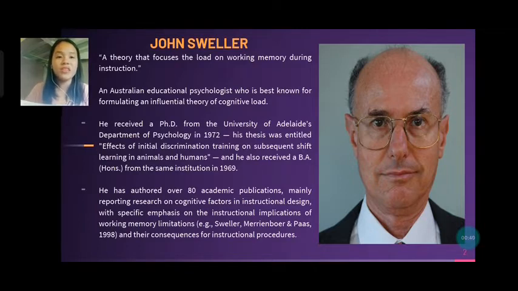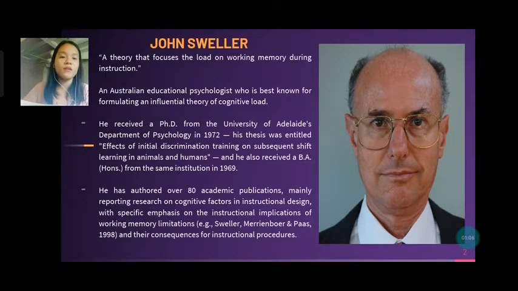He also received a PhD from the University of Adelaide's Department of Psychology in 1972. His thesis was entitled Effects of Initial Discrimination Training on Subsequent Shift Learning in Animals and Humans, and he also received a BA from the same institution in 1969.